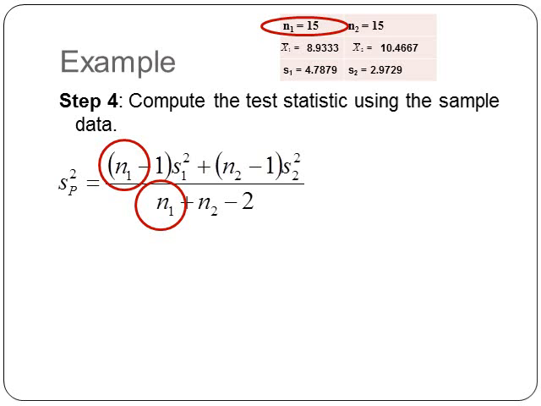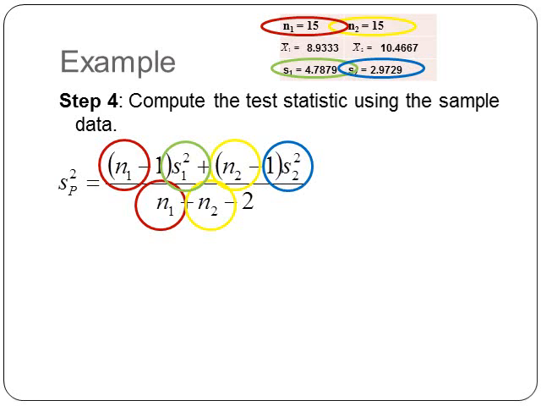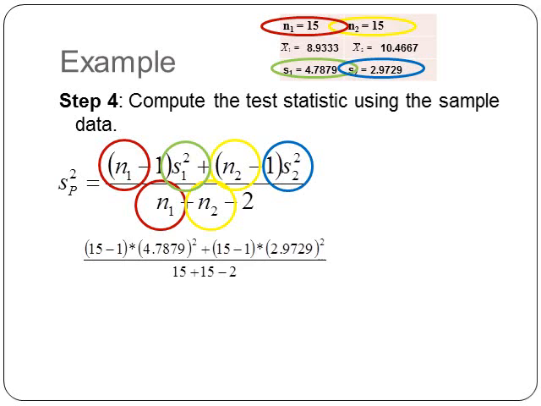We can plug in first the sample size for N1 and N2. We then plug in the standard deviation for group 1 and the standard deviation for group 2. I've color coded that to maybe make it easier for you. You can also hit pause and take a second to think about this. I'd go ahead and put those values in there.